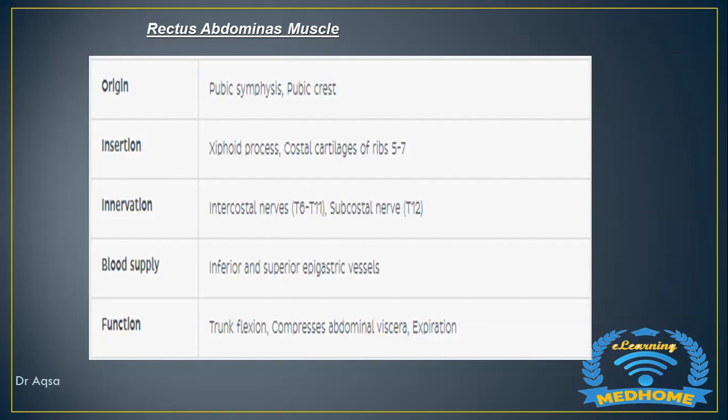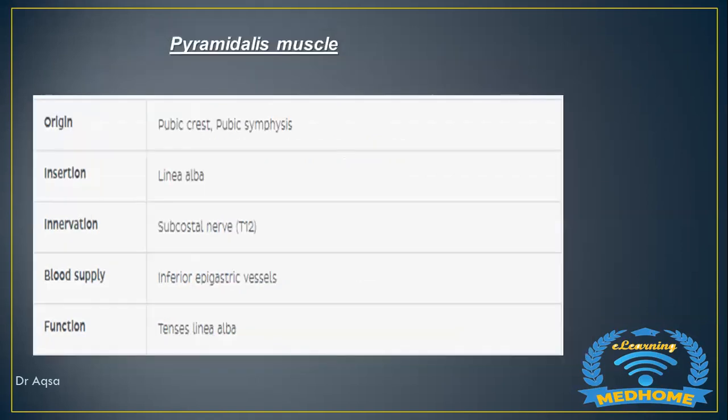And pyramidalis is present in 20% of the population, and it originates from the pubic crest and pubic symphysis, and it is inserted on the linea alba. Its nerve supply is the subcostal nerve, and it also tenses the linea alba. Yeah, excellent.